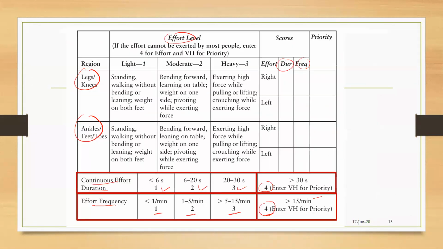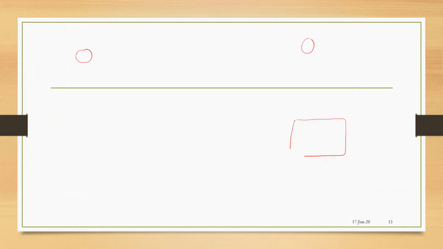So if, for example, effort duration is 30 seconds, then frequency will be, say, twice per minute. So that will be a score of 2 and vice versa. So we cannot have scores of 3 for each of these two factors, effort duration and effort frequency. So just think over it.